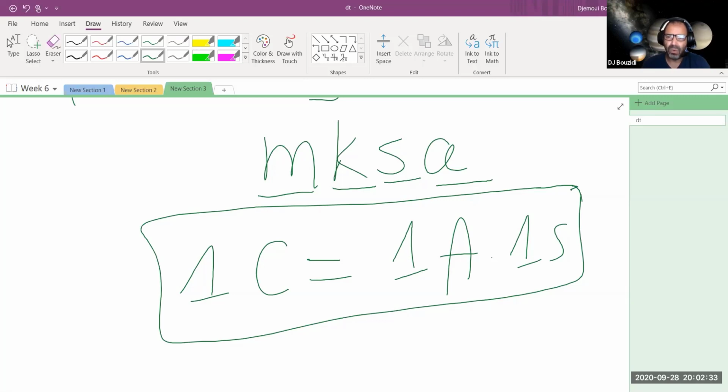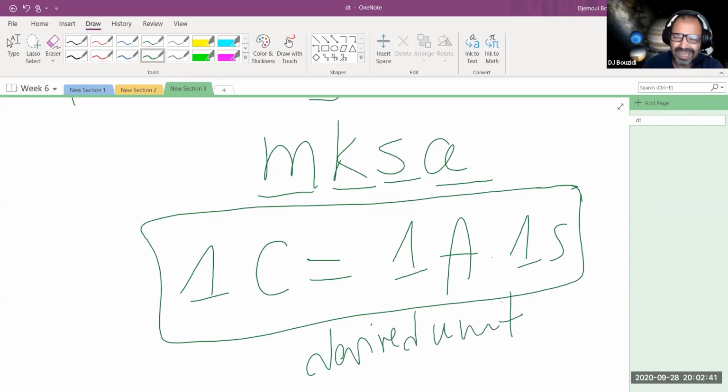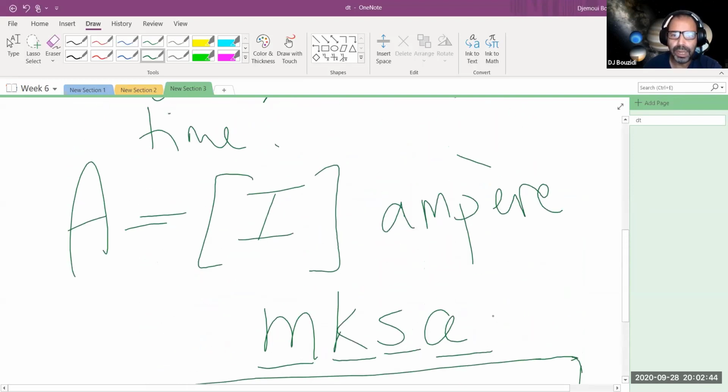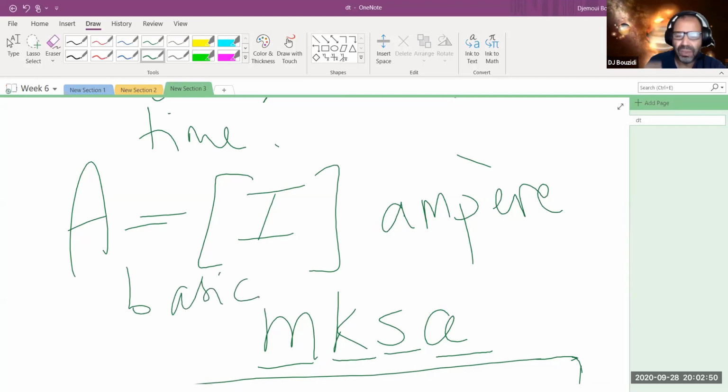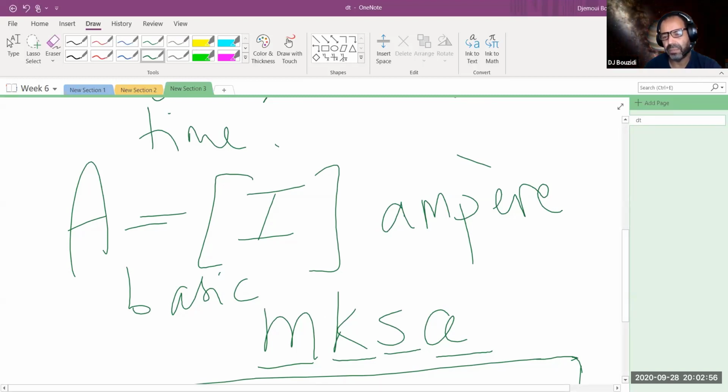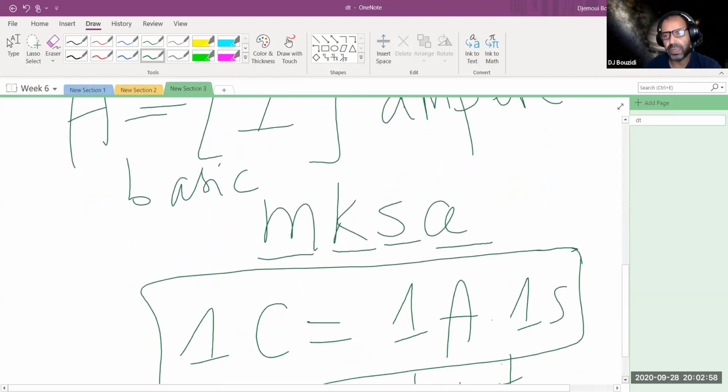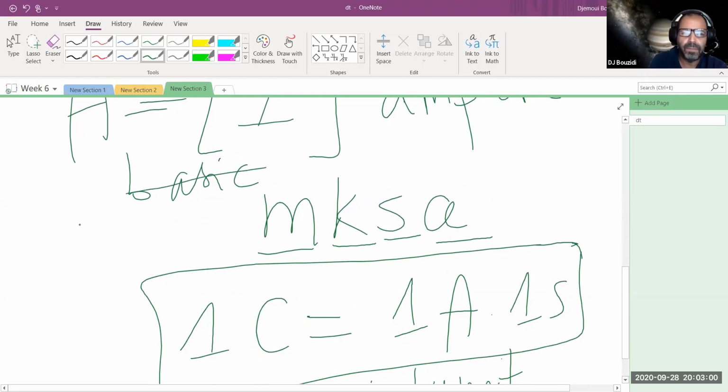So we were dealing with a coulomb, but a coulomb, like I said, is a derived unit, as opposed to an ampere, which is a fundamental unit, just as much as the meter, the kilogram, and the second were fundamental by themselves. Fundamental, I should say, not basic.